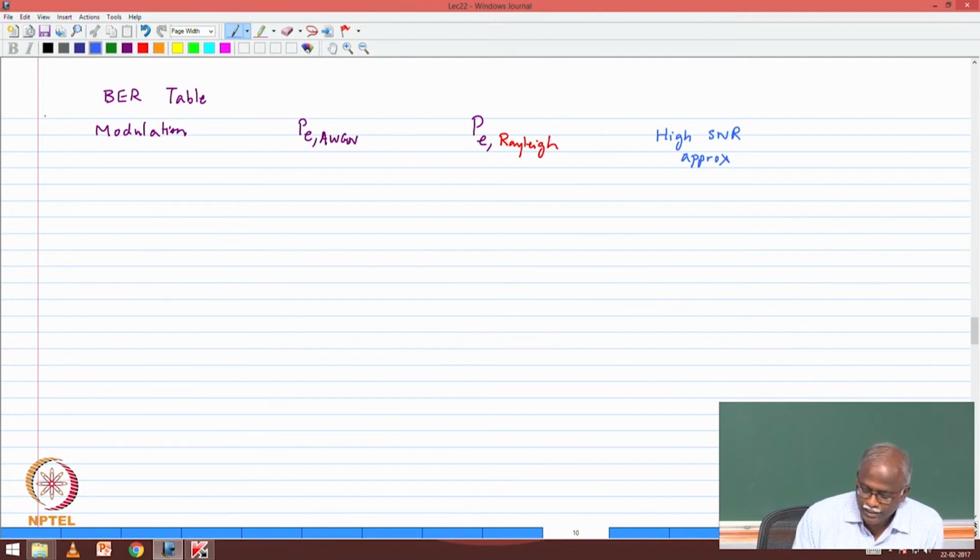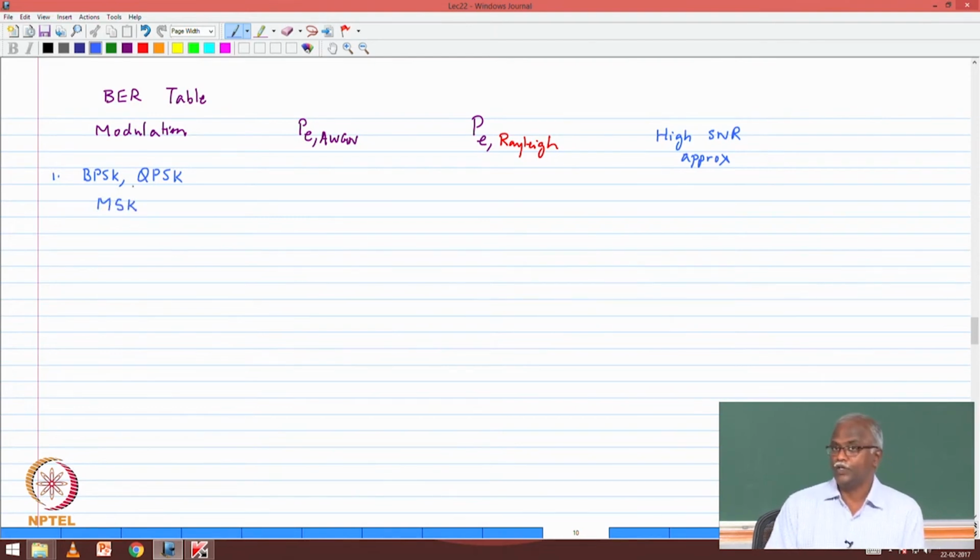So the first entry that we make is probably the most useful entry, which is BPSK. And whenever we talk about BPSK, the modulation QPSK is also covered, because both of them have the same BER performance in AWGN. And then there is a constant envelope scheme called minimum shift keying. That is also a binary scheme which is used in several communication systems.